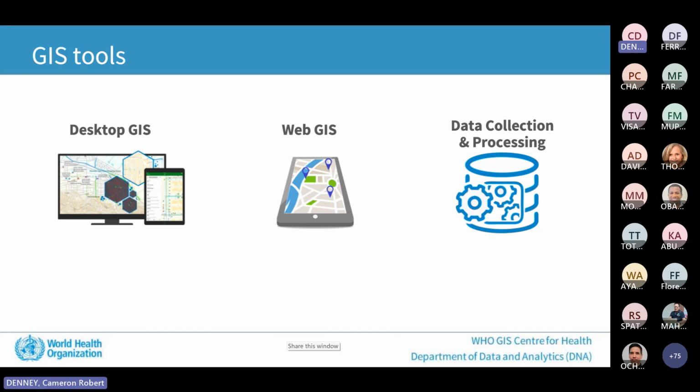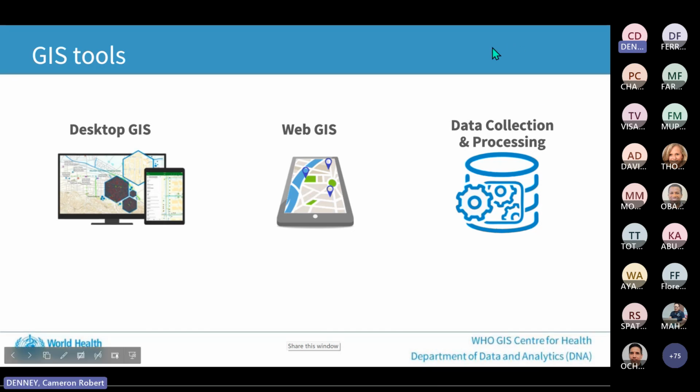So I broke it down into these three categories: desktop GIS, web GIS, and data processing and analysis. I think there'd be many ways to slice and dice the many tools that exist out there, but this gives you an idea of the various methods and all the things that qualify as GIS or at least touch the GIS field.